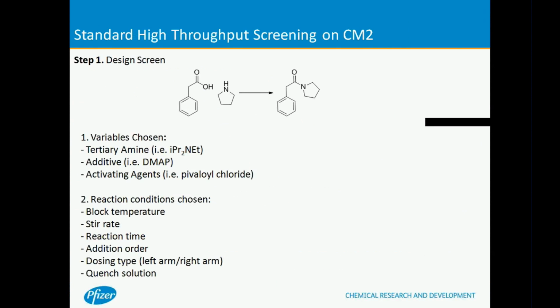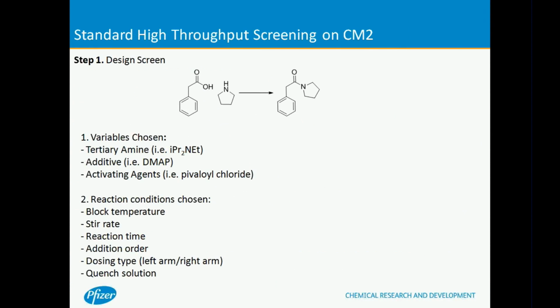But when you're running an automated screen, as opposed to running manually, you also have to consider your dosing type. Is something a slurry or solution? Should it be dosed with the left arm or the right arm? Should it be dosed as multiple dispense or single dispense? You also have to consider your addition order. When you're dosing manually into a small set of vials, your additions happen very, very quickly.